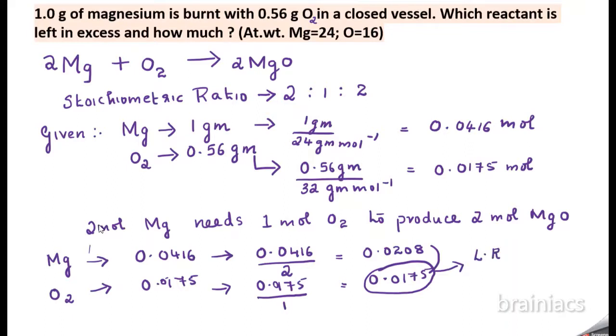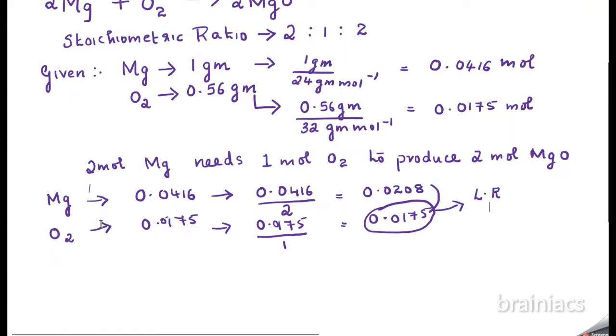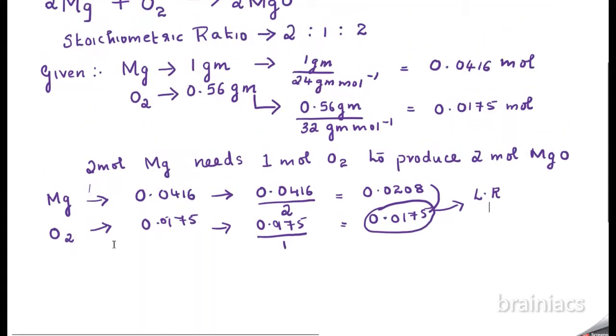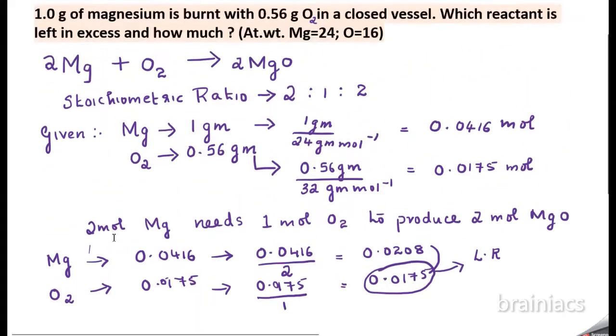Understood? So if this is the limiting reagent, now how can we proceed? I can say that oxygen will be controlling the entire reaction. Correct. So who will be left in excess? Now I got the first part of the answer. Which reactant is left in excess? We know that the limiting reagent is that species which is completely consumed, used up in a reaction. So if oxygen is completely consumed, who will be left in excess?